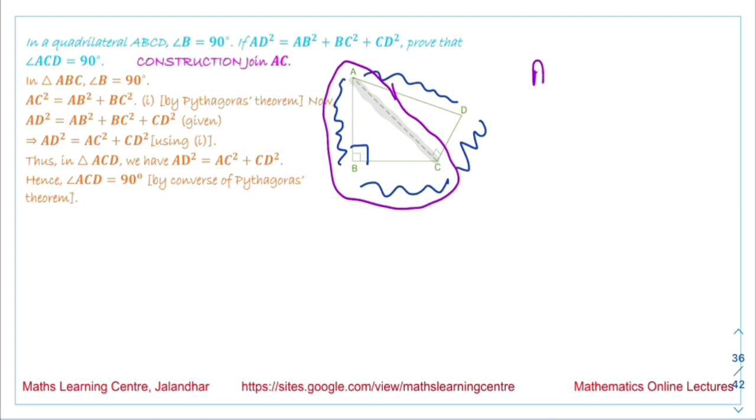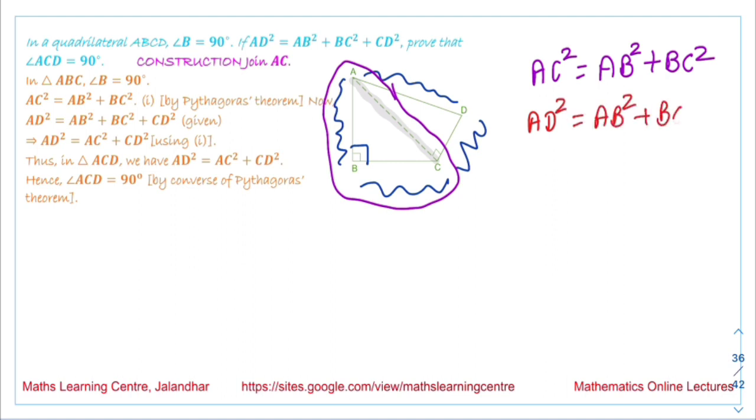the value of AC square is equal to AB square plus BC square. Now it is given to us that AD square is equal to AB square plus BC square plus CD square. It means we are talking about this value AB square plus BC square over here.